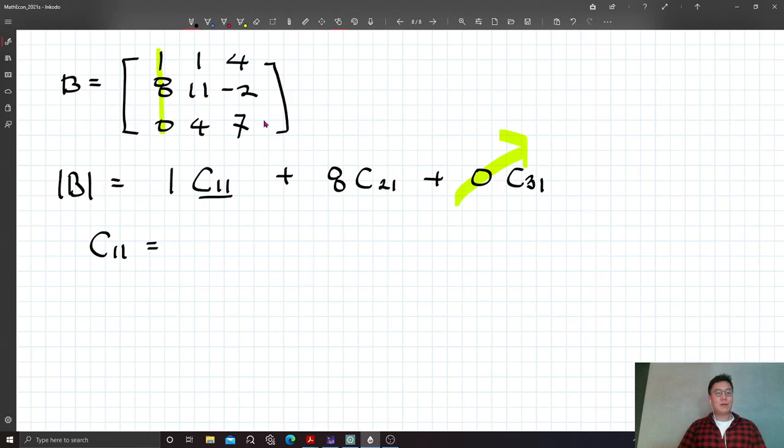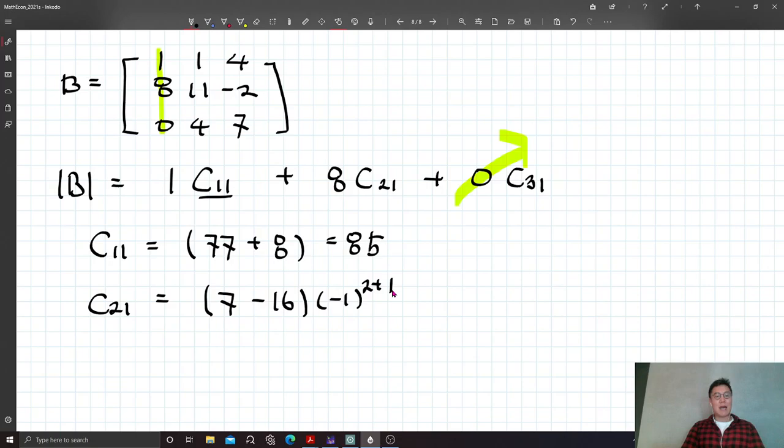But we shouldn't forget the sign operator, negative 1 to the power 2 plus 1, in the definition of cofactor. Remember, the cofactor is a signed minor. A minor is just the determinant of some matrix, but a cofactor is a signed minor, so a signed determinant of some matrix.